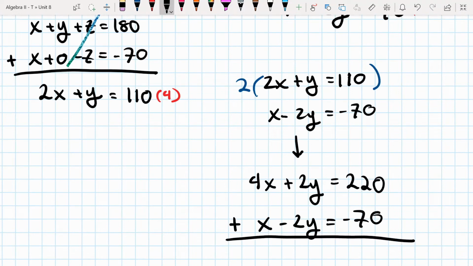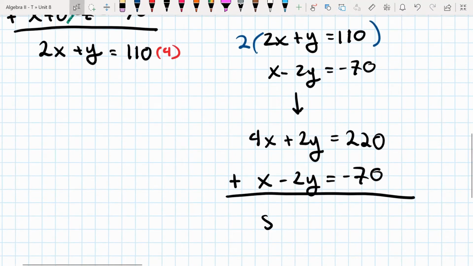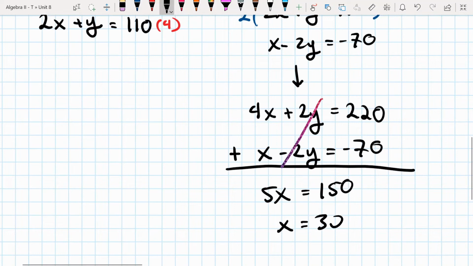You can multiply the second equation here by negative 2, but I think the arithmetic's easier if we just multiply the first equation by positive 2. And so in this case, we end up with 5x, well, the y's will cancel, is equal to 150, and so the x value is 150 divided by 5, which is going to be 30.